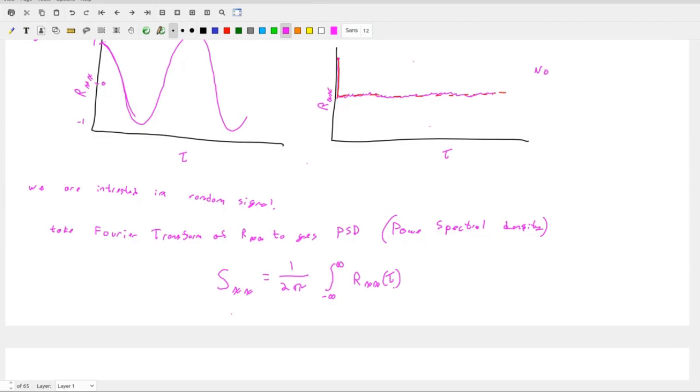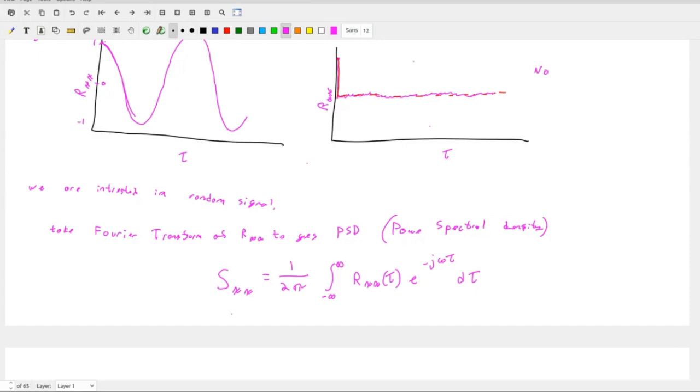Our tau is what's driving the value for RxX, times e to the -j omega tau d tau, right? Because now we're taking this with respect to our shift. So what is the correlation between one point and a point before it, or technically behind it also, but we don't plot it that way.